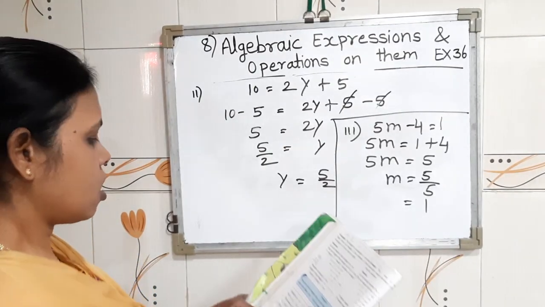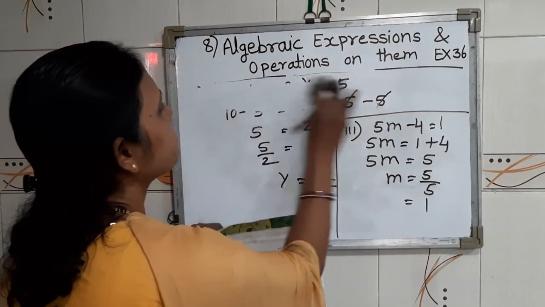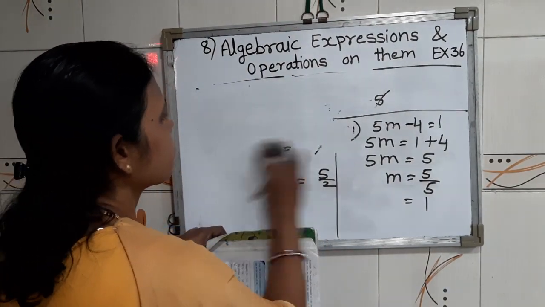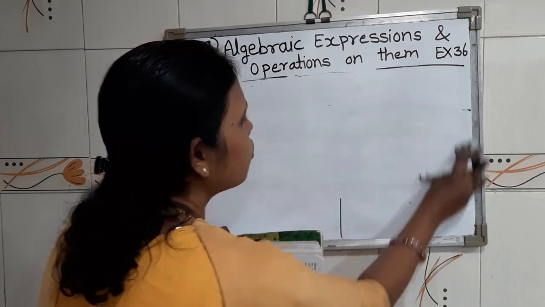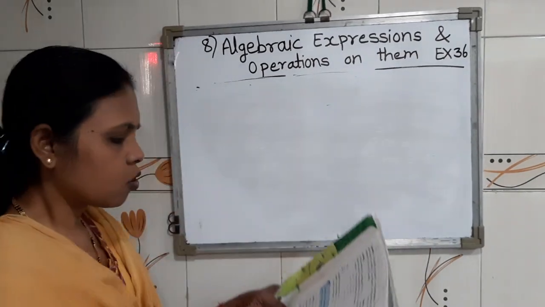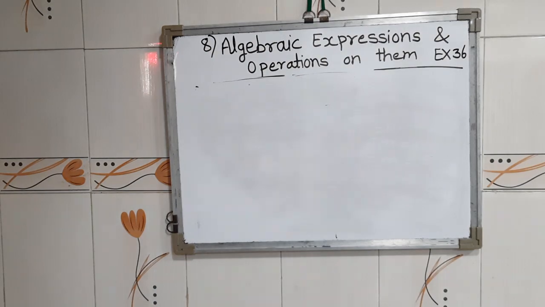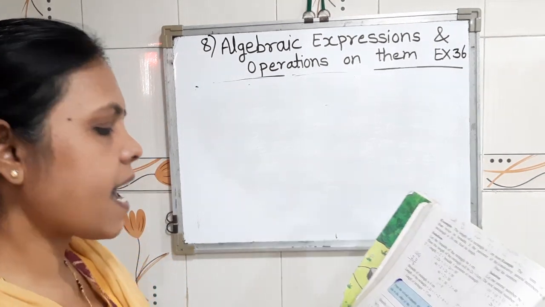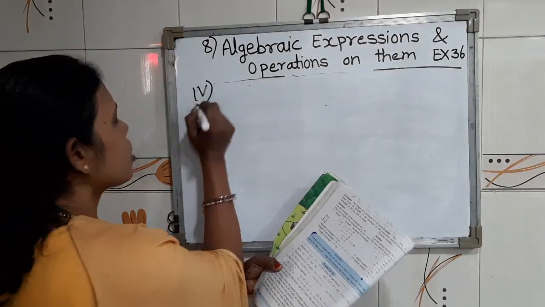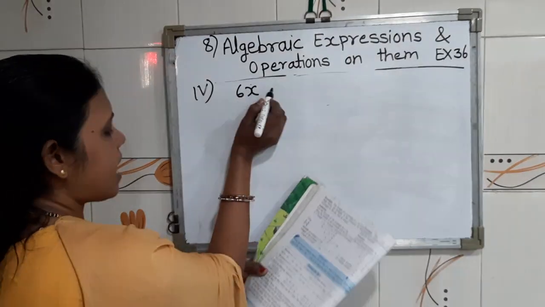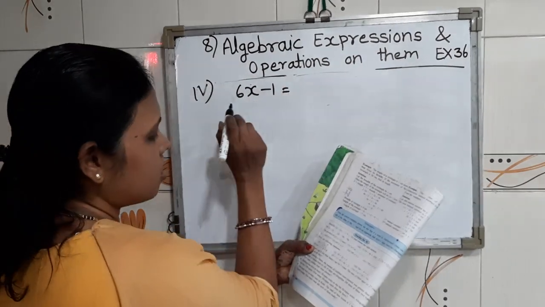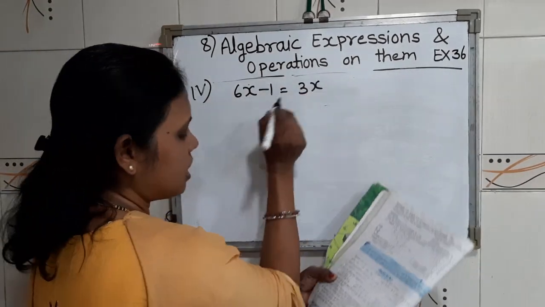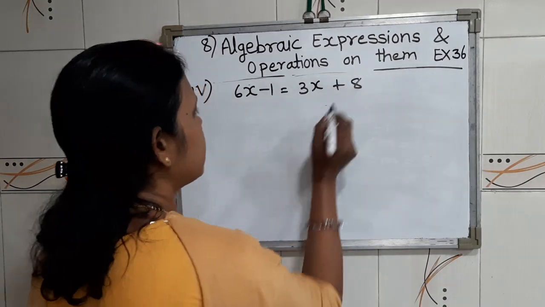So children, question number fourth one. Here question number fourth is given. 6x minus 1 equal to 3x plus 8.